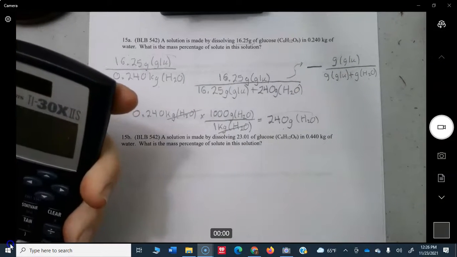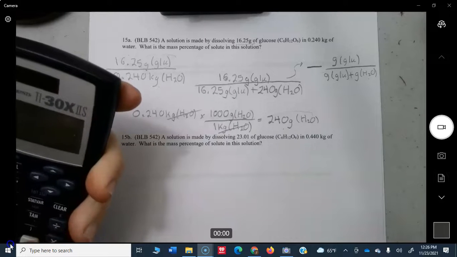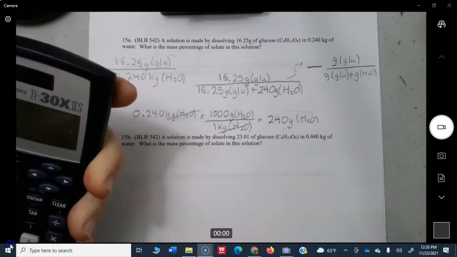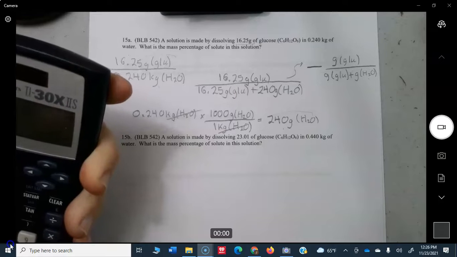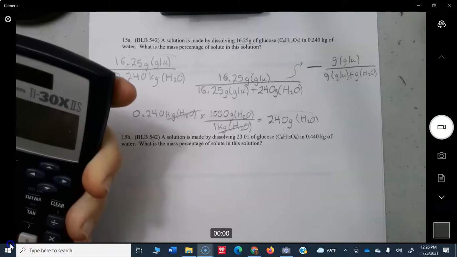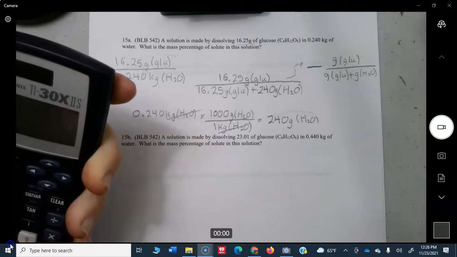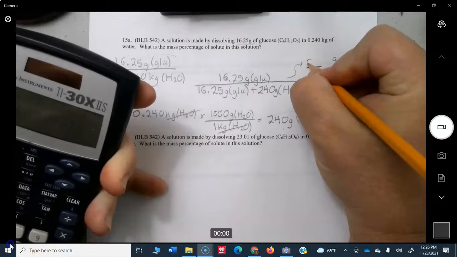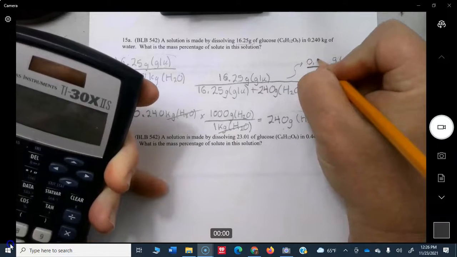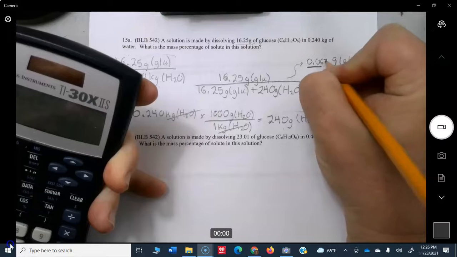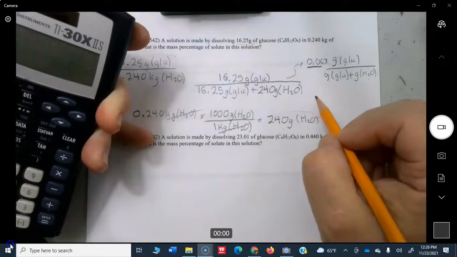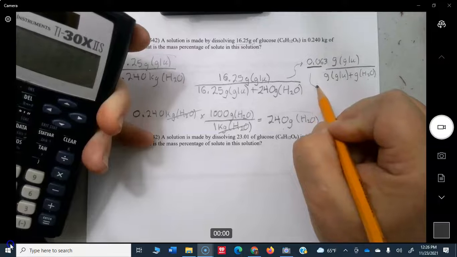I'm not showing you my calculation this time, but I'm going to divide, open my parenthesis, and then add 16.25 plus 240 on the bottom, close the parenthesis, so that my order of operations is correct, and that's 0.063. Two significant figures there. So now to get the percent, we have to bring this down here.